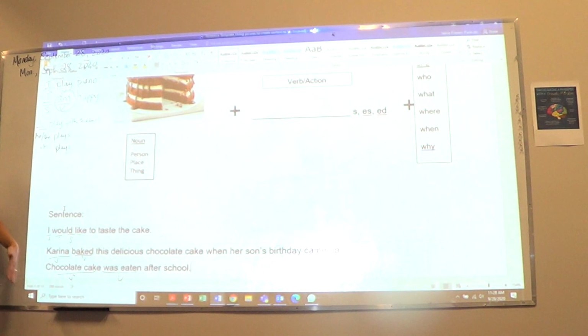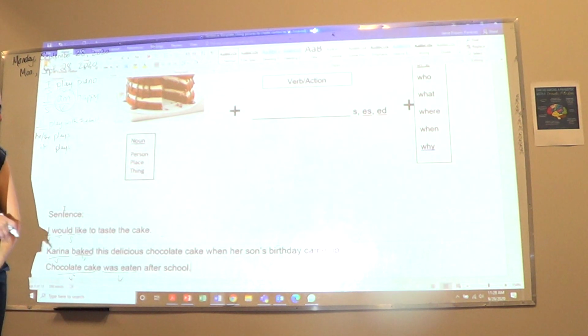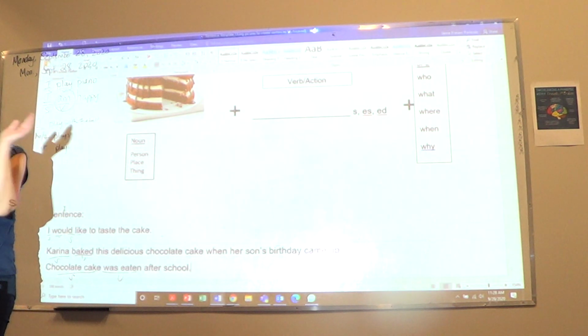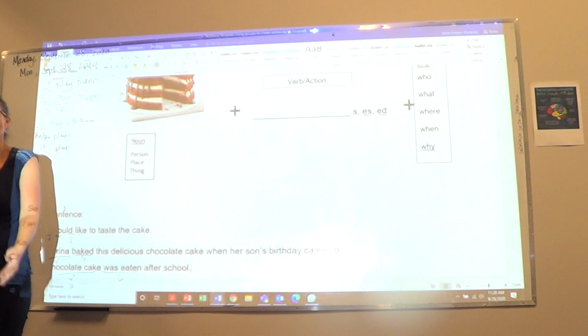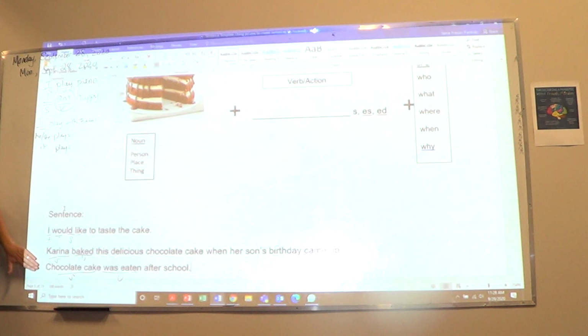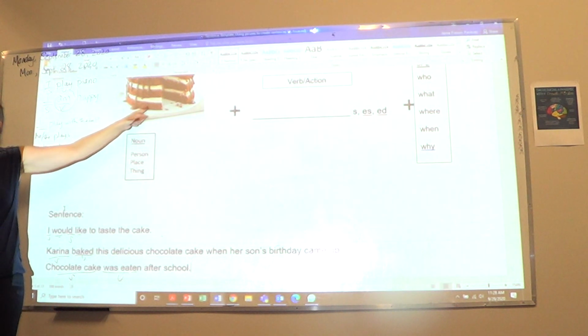But if we just say chocolate cake was eaten after school, that's saying that every day that happened for someone. When I was a kid, chocolate cake was eaten after school. Really? Every day? Oh yeah. I'd come home, my mom would be like, look honey, there you go. Okay? So just by putting the, then my subject is this specific one.